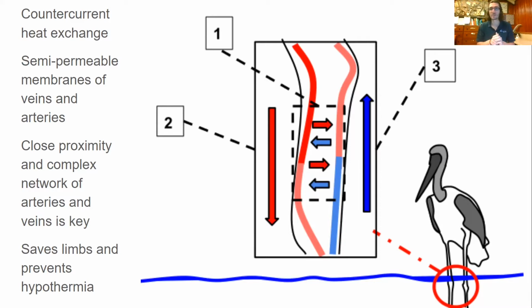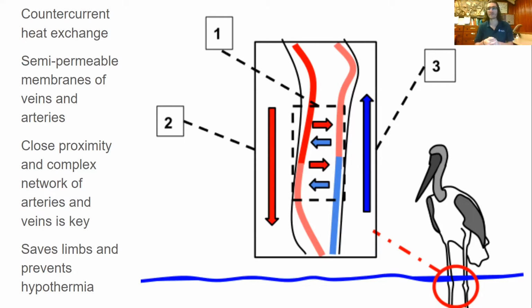And then at the same time, they don't want blood running straight from the foot directly back up to the core, because that's going to reduce core body temperatures. It can lead to things like hypothermia if some of these animals are found in cool enough environments.